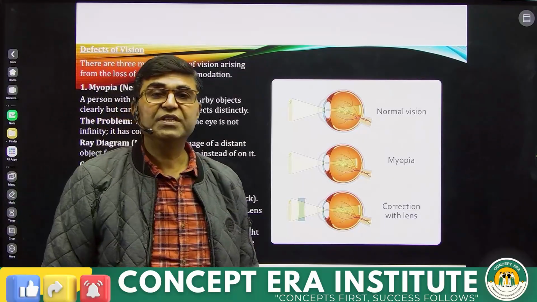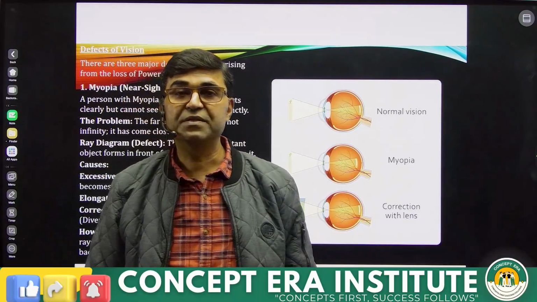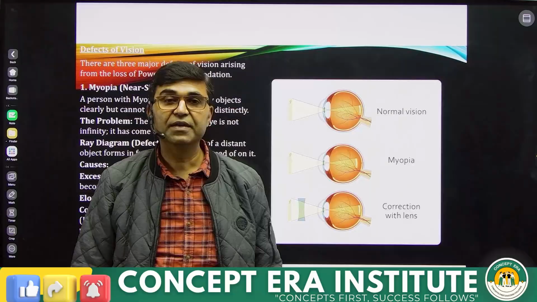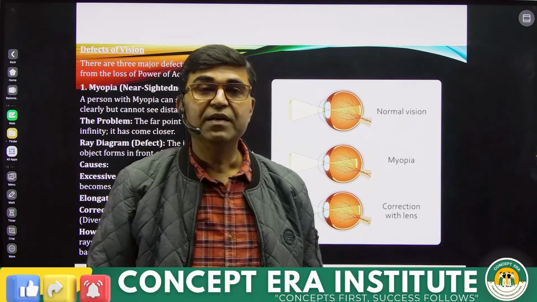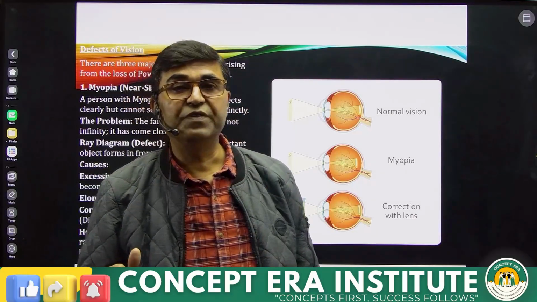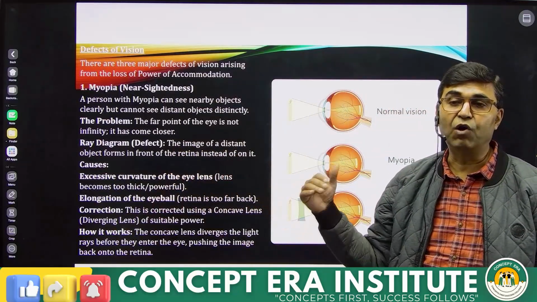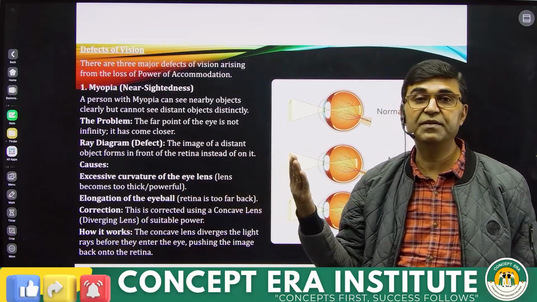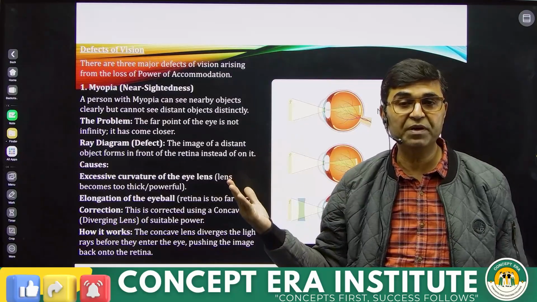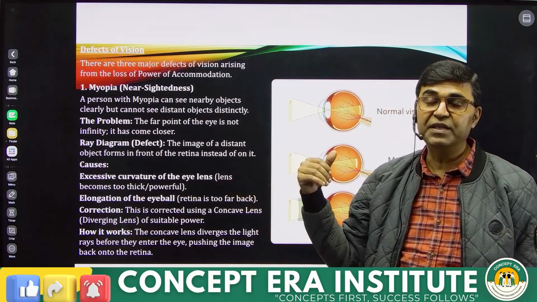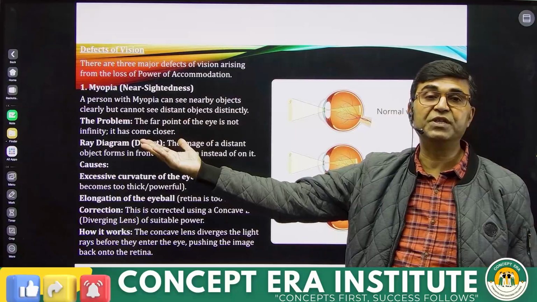Now, you must have seen people wearing specs, like I am wearing one. This is because some people suffer some defects in their eye. Some people are not able to see the nearby objects clearly. They are not able to read properly. Some people are not able to see the distant objects properly.